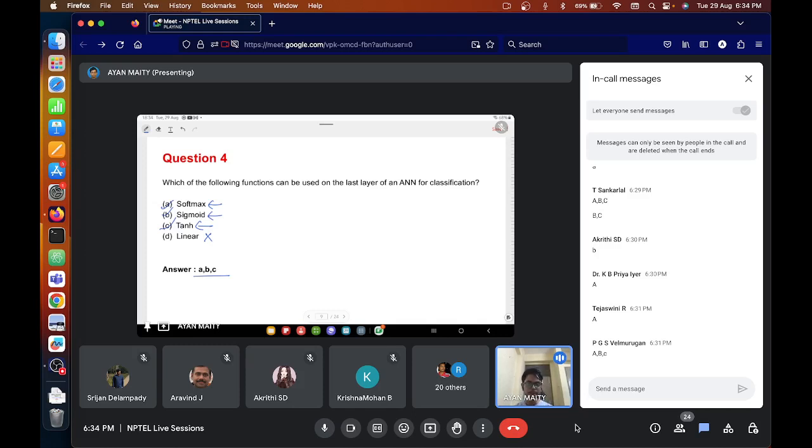In case of deep neural networks, nowadays the ReLU activation function, the rectified linear unit, is very popular for the hidden layers, but not for the output layer. For the output layer, in case of classification, either sigmoid or softmax has to be used, and in case of regression, linear is generally preferred. But in the hidden layers, you can use different activation functions for different hidden layers, so that is not a problem.